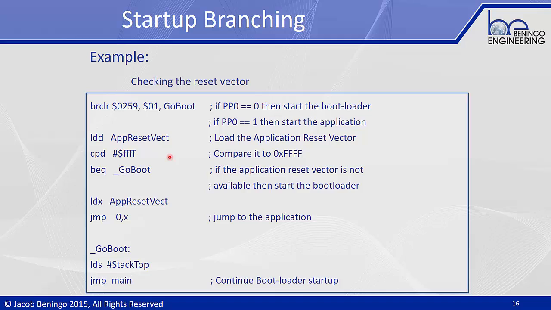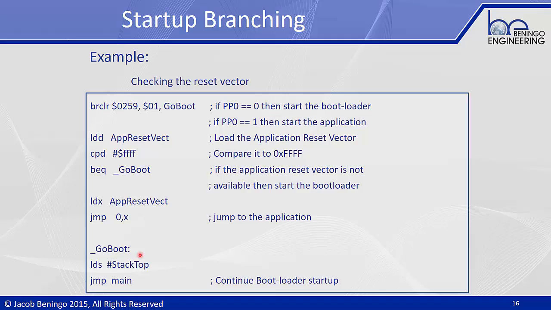So if I haven't programmed the application reset vector, I can do a comparison between the application reset vector and all Fs. And if I find that they match, then I know that I have not programmed my application yet, and I should instead jump to the bootloader code and run the bootloader and basically await further instructions.